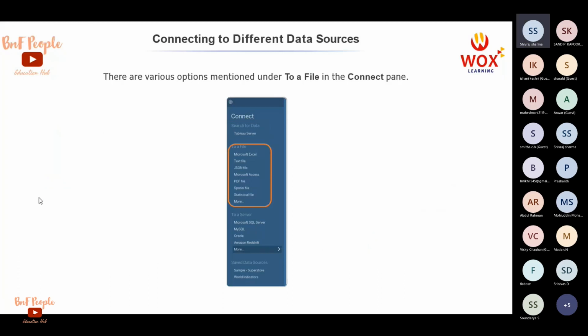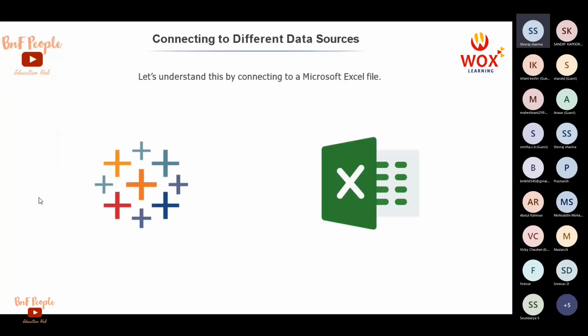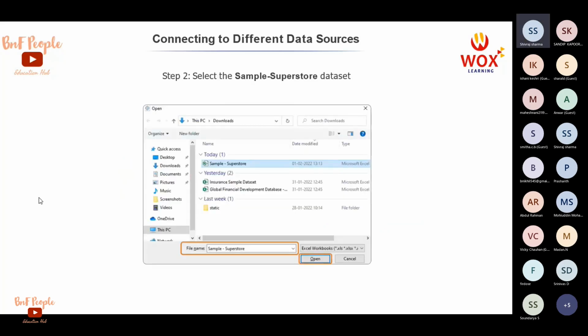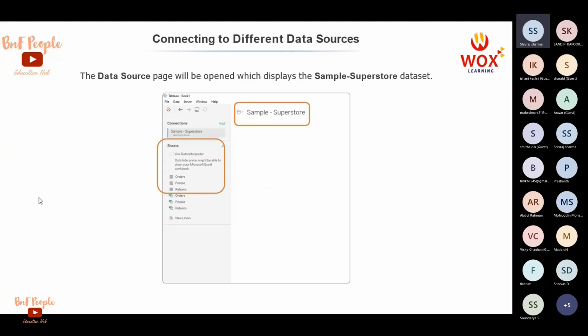Next is to a file, that is, particular files present here. You already inserted an Excel file in Tableau in your first session. Remember that. I am just showing quickly what the process is.